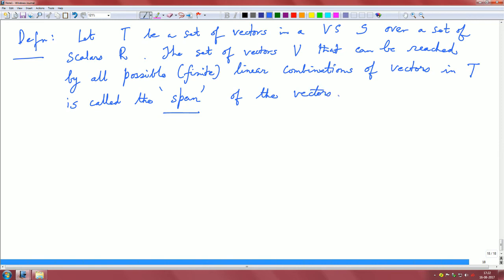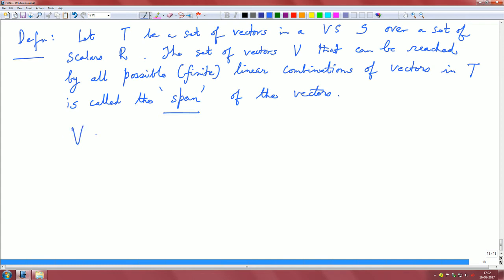So let T be a set of vectors in a vector space S over a set of scalars R. The set of vectors V that can be reached by all possible linear combinations of vectors in T is called the span of the vectors.